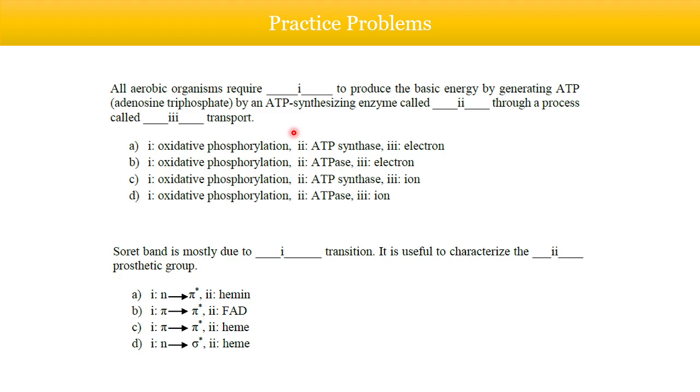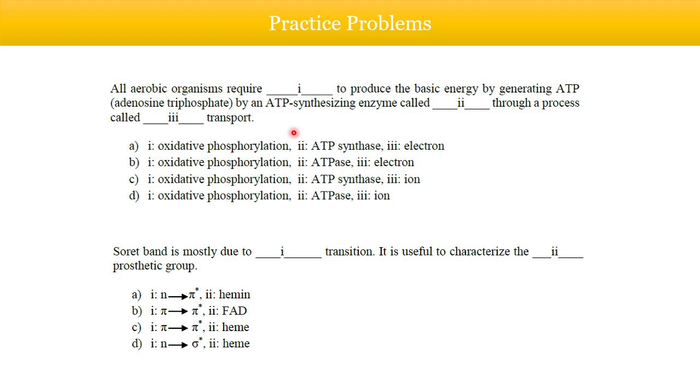All aerobic organisms require oxidative phosphorylation to produce the basic energy by generating ATP by an ATP synthesizing enzyme called, is it ATP synthase, sir? Right, you're going correct. The first one is oxidative phosphorylation, then it is ATP synthase.